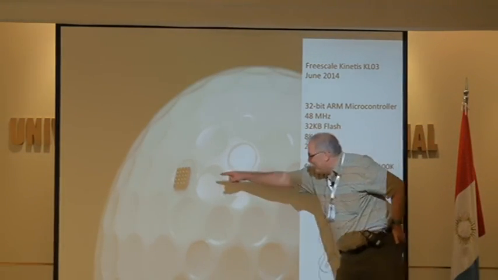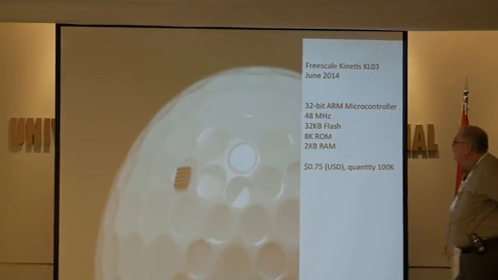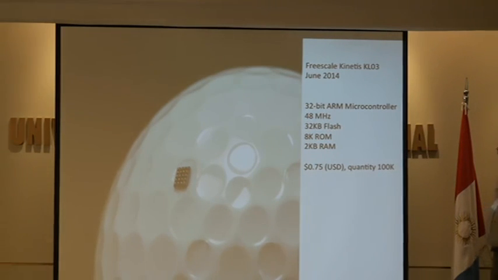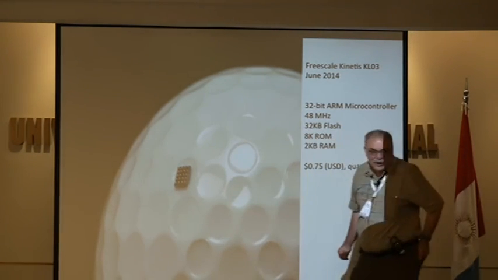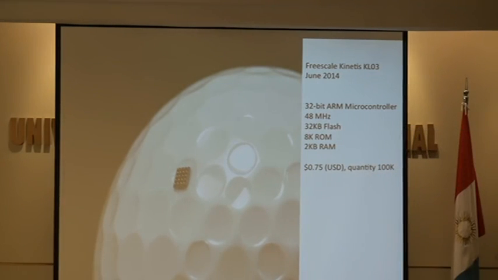And this right here, which is pretty modern, is a 32-bit ARM processor, 48 megahertz, not too much RAM, but you can put another chip, even smaller than that, right next to it, and have a gigabyte of RAM or so, and it costs 75 cents. And that's today, right?